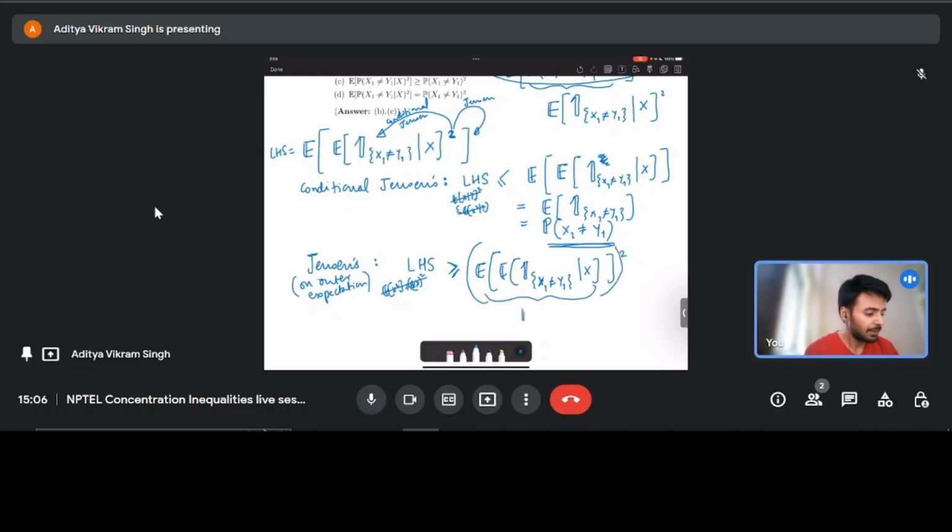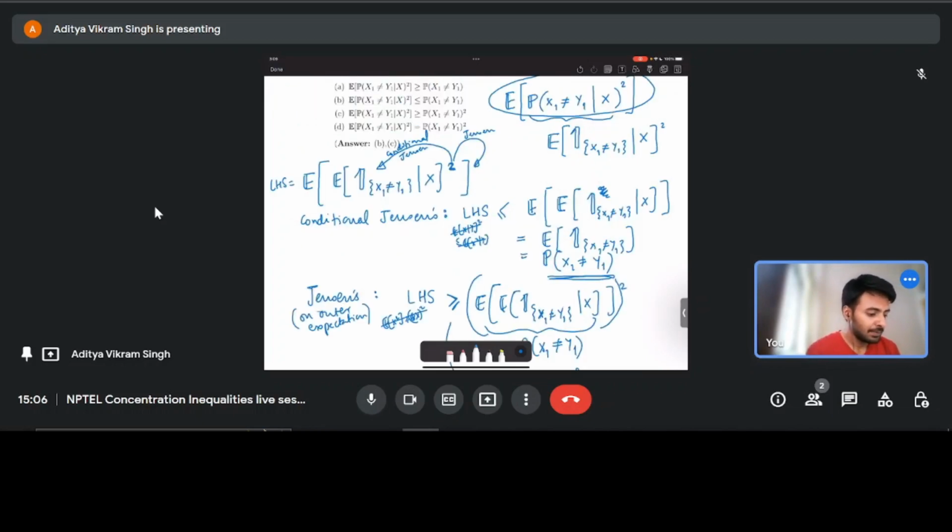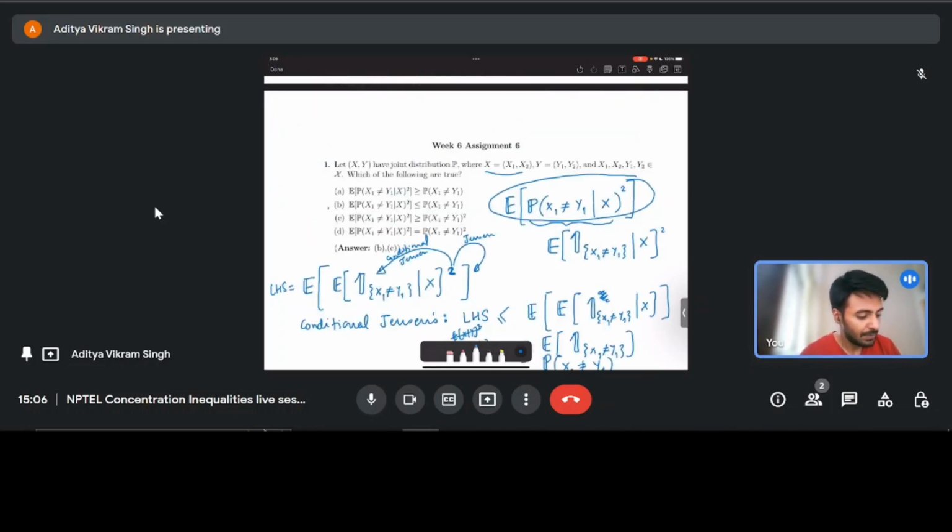Just the probability that X1 not equal to Y1. And so what we get is that this is equal to the probability of X1 not equal to Y1, the whole square. So options B and C are correct.